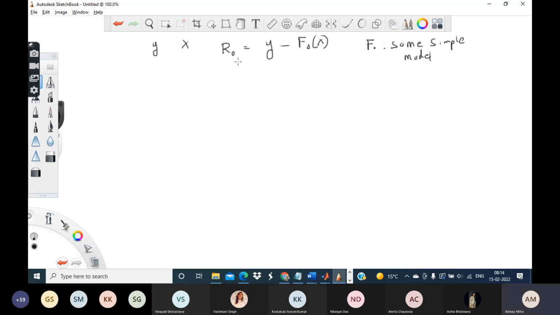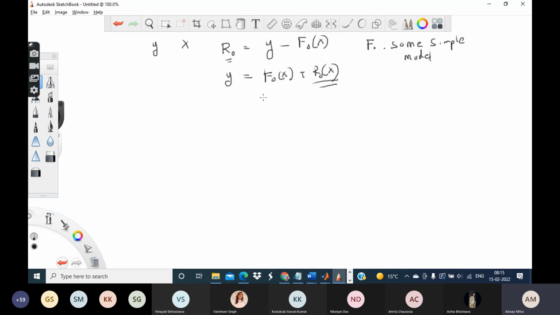This is the residual which I have incurred. So ideally, what should I try to do to get y? This obviously means y is equal to f naught x plus r naught x. So if I can somehow predict R naught from x, then I am done. I can just add that value to f naught and get y.